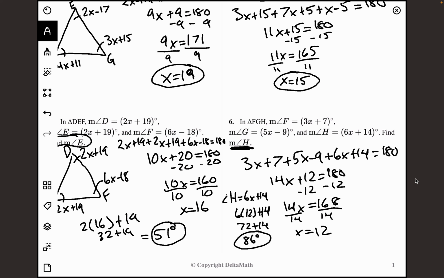And then where would HIJ be? Yeah, that's the outside one. Just pay attention to I. See how I is the middle letter? Then that's the angle. Oh, okay. Yeah.